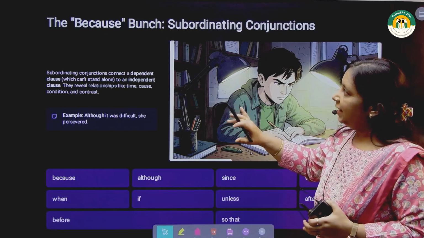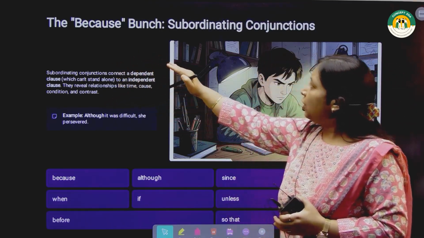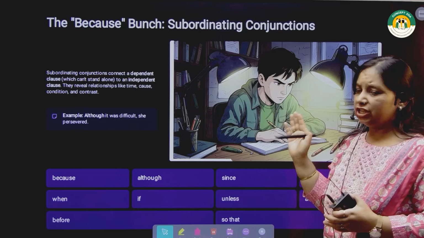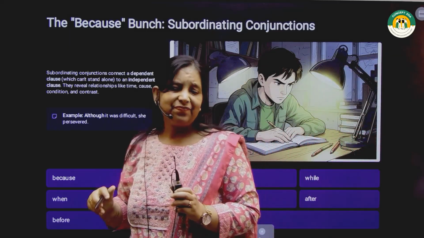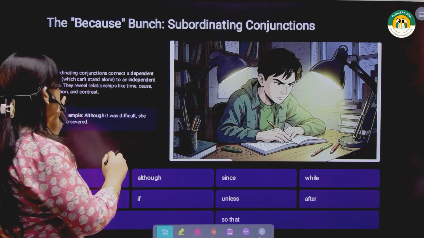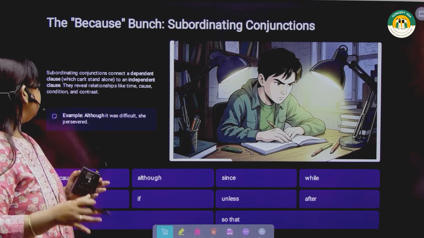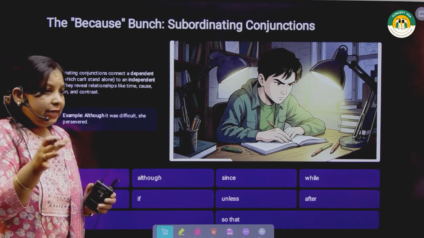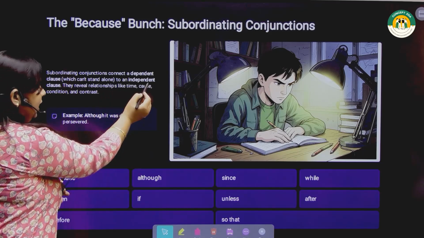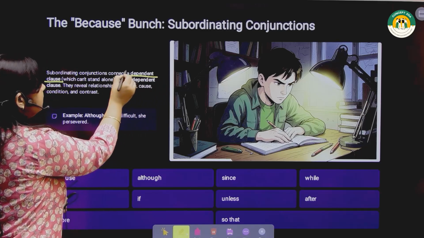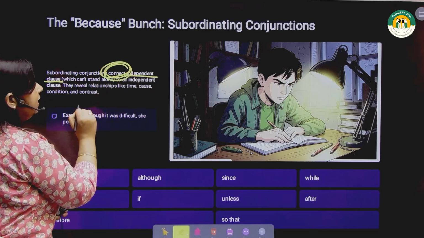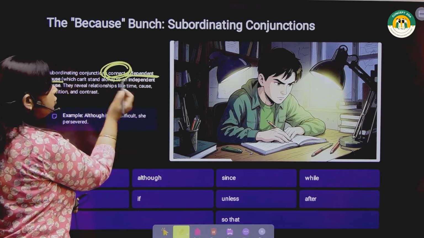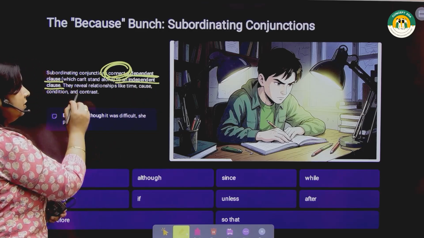Okay, next slide. Subordinate conjunctions. Now let me explain. See, subordinate conjunctions connect a dependent clause to an independent clause.